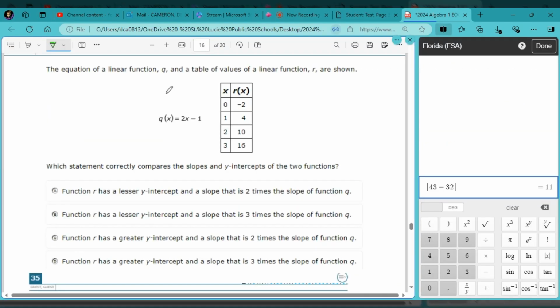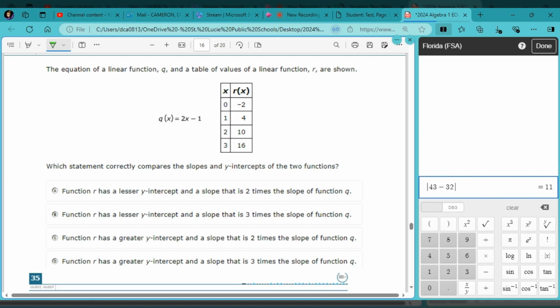The equation of a linear function Q and a table of values of a linear function R are shown. Which statement correctly compares the slopes and y-intercepts of the two functions?